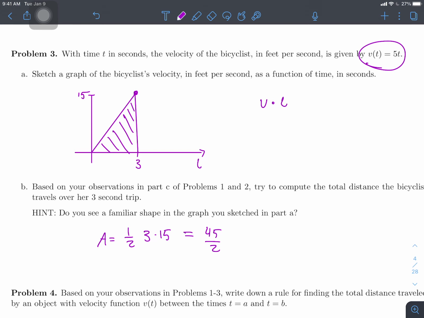So that's going to be a measurement of velocity times a time, right? It's 1/2 times a velocity times a time. So that's how we got this area. So its units are going to be feet, because the units of 3 was seconds, and the units of 15 was 15 feet per second.